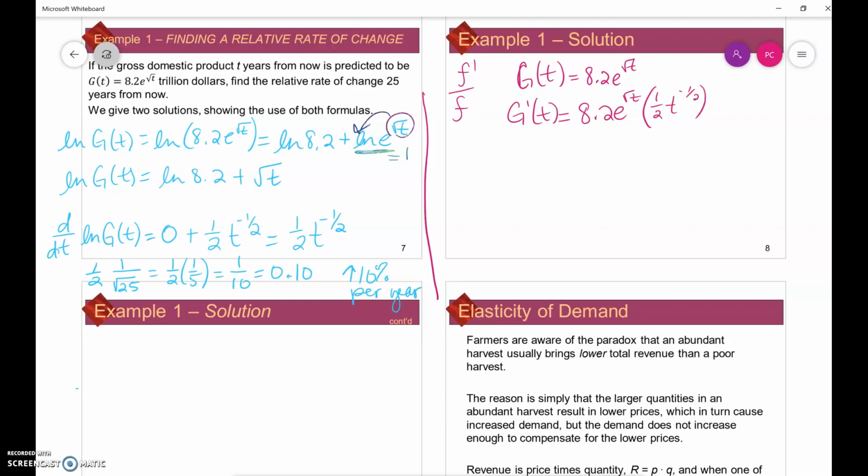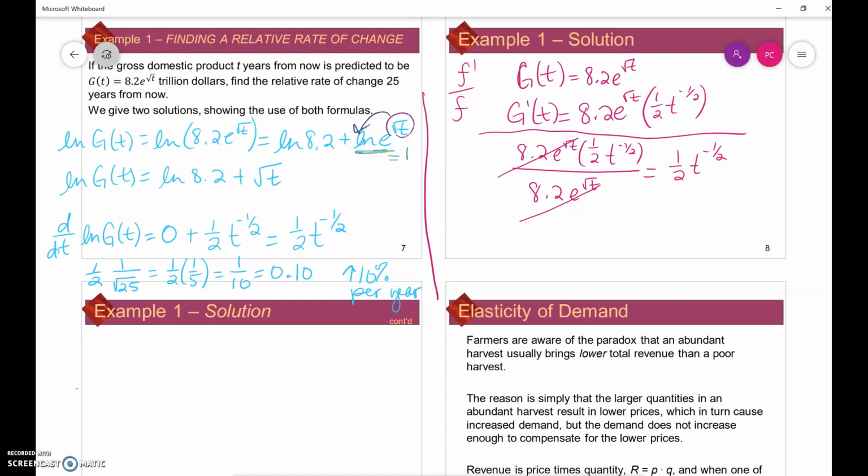All right? So when we put this together, we have 8.2 e to the square root of t times 1/2 t to the negative 1/2 all over 8.2 e to the square root of t. We see that our 8.2 e to the square root of t cancels out, and we get 1/2 t to the negative 1/2.